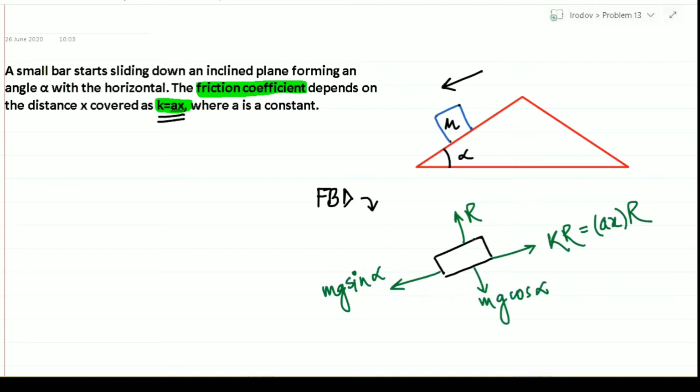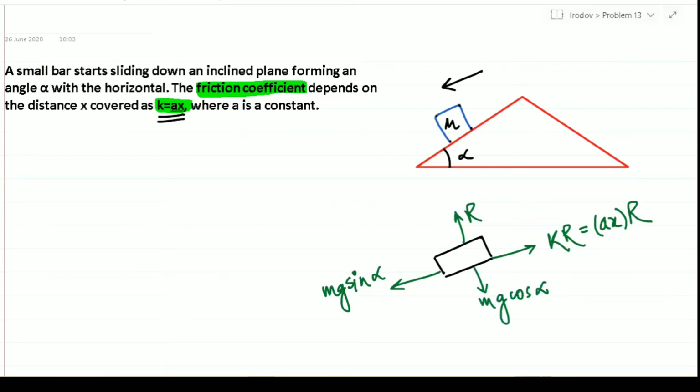These are the forces acting on the block: mg sine alpha, mg cos alpha, the reaction, and the friction k into r, where k is the coefficient of friction and is replaced by ax, and obviously r.